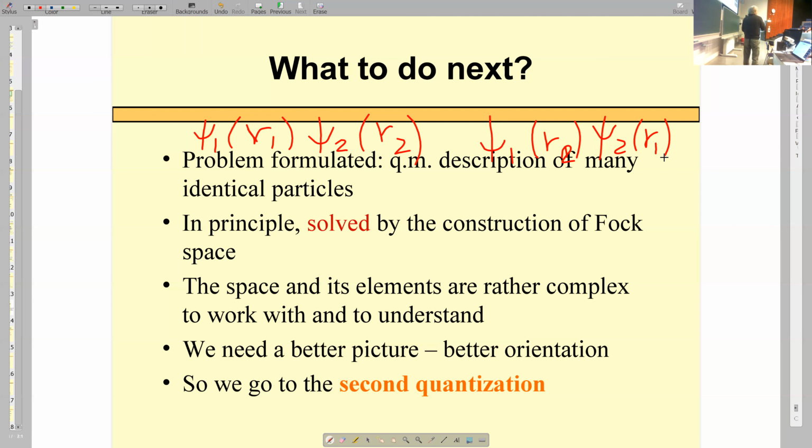This is zero because psi1 and psi2 are orthogonal. Why are they orthogonal? Because I've taken the single particle Hamiltonian, I've diagonalized it carefully, and in this case, I know that all these states are orthogonal to each other.